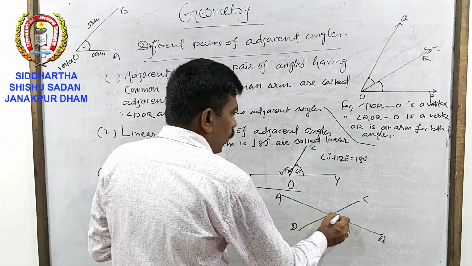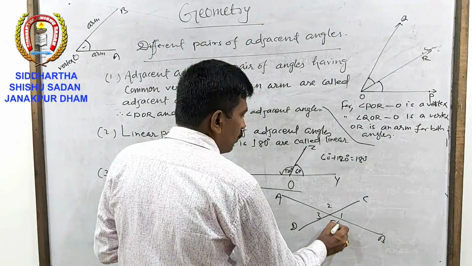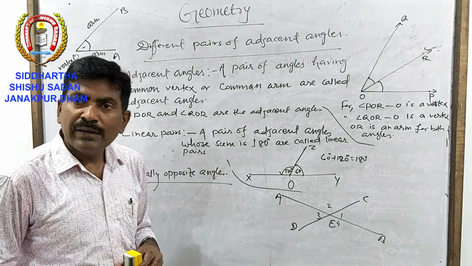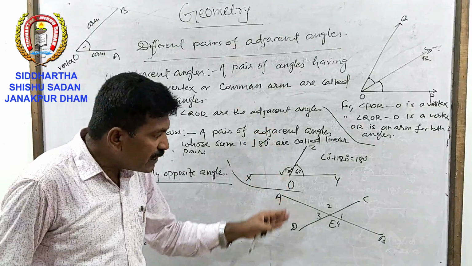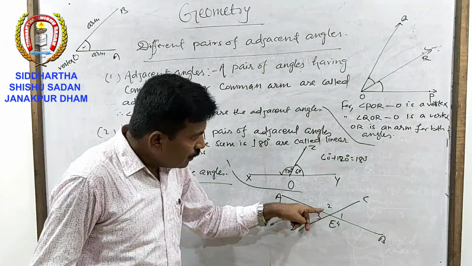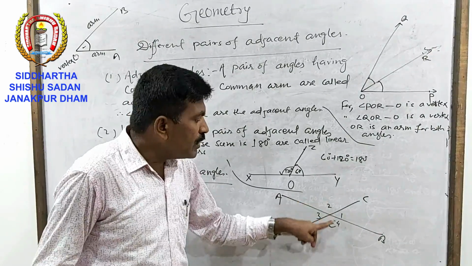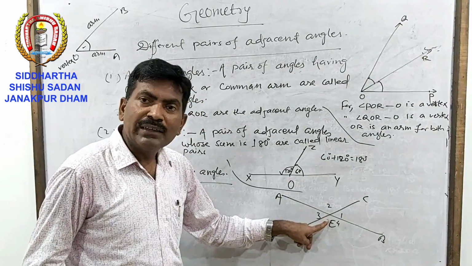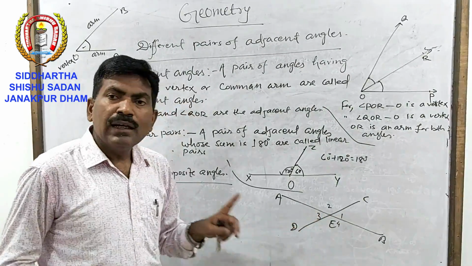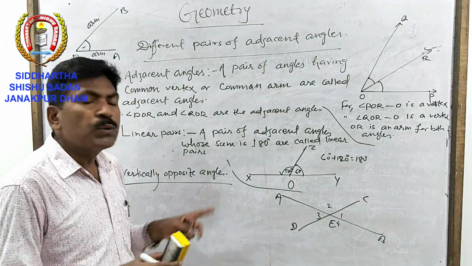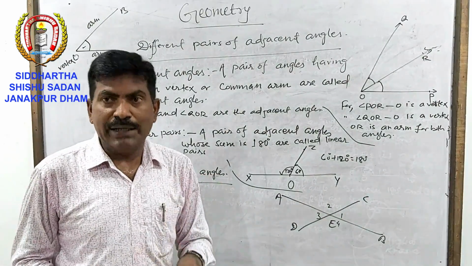See, 1, 2, 3 and 4. Now just opposite, if we consider this figure, 2 and 4 lie opposite to the intersection point. Same way, angles 1 and 3 lie just opposite to the intersection point of these two lines.